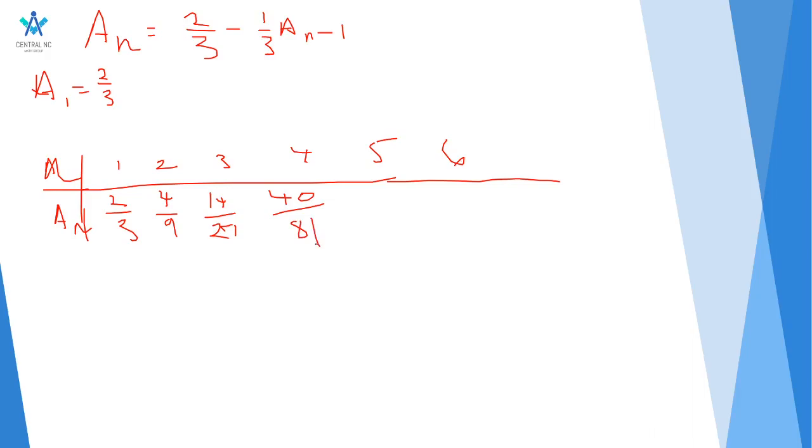So it'd be 122/243. And if you do it again, 486 minus 122, that'd give you 364/729. And so that's the algebra bash there.